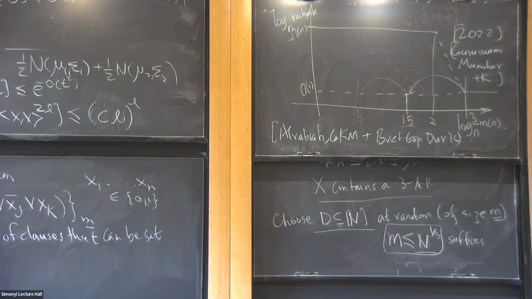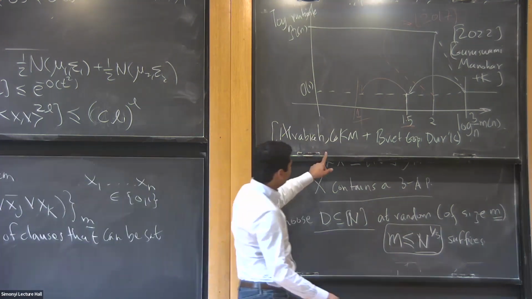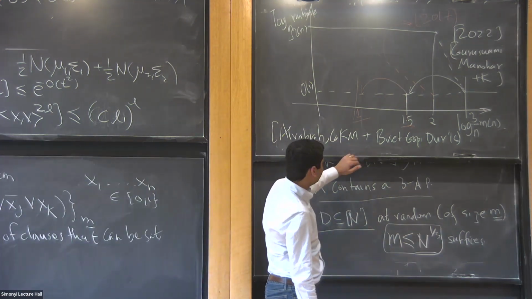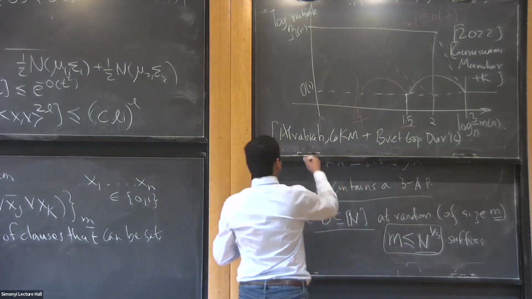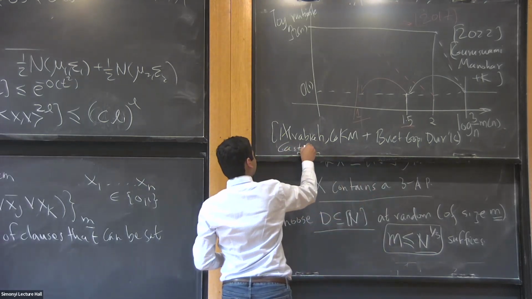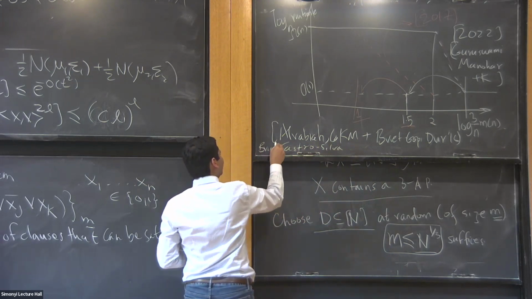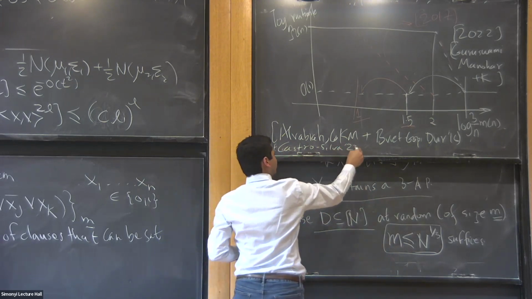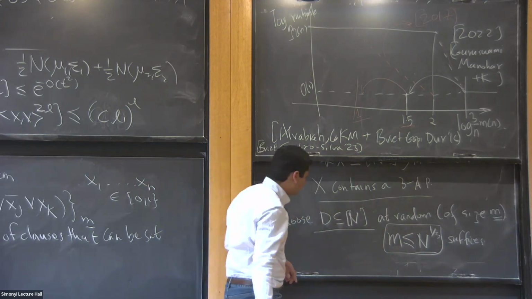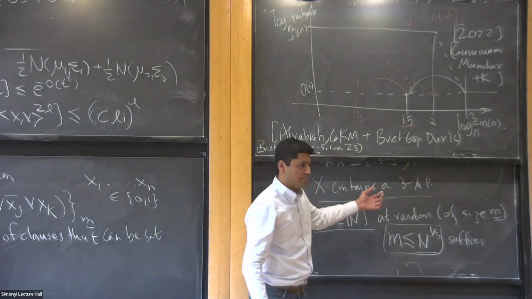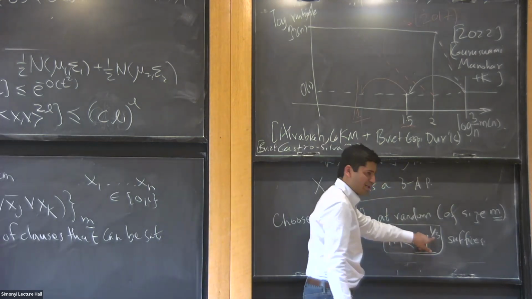Can you go beyond 3? Great question. A paper a few months after we did this work, also 2023, is due to Castro, Silva, and Riet. They basically extended this result to k-APs, and the bound changes.